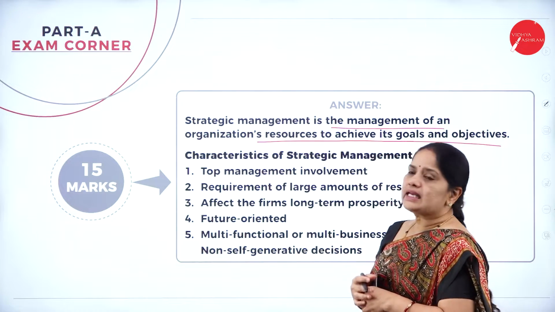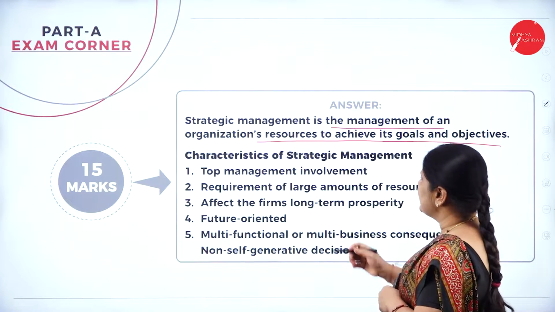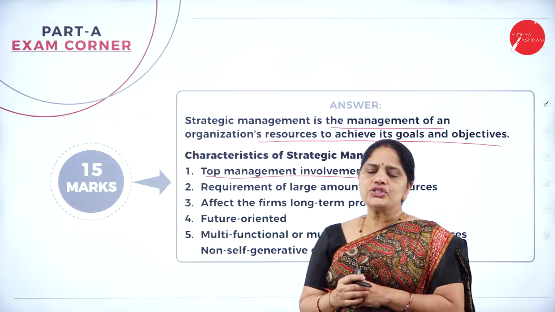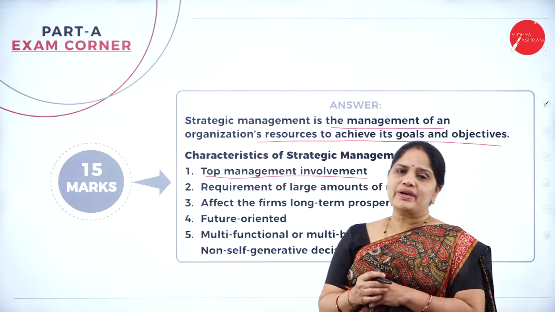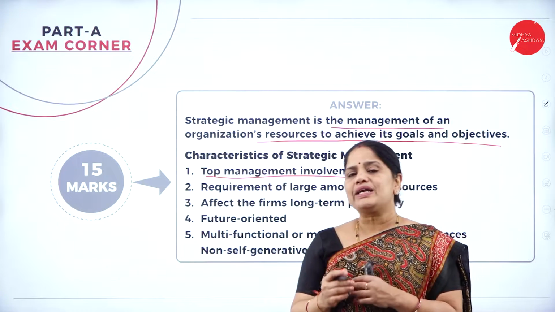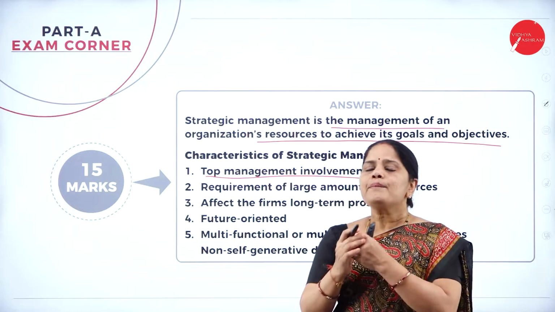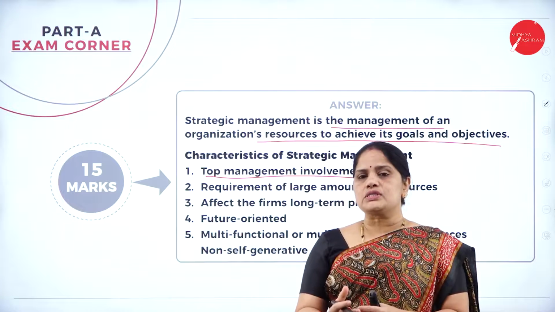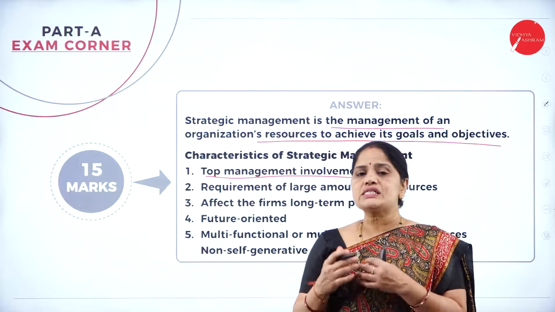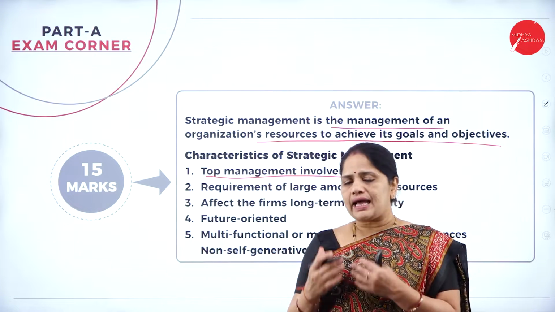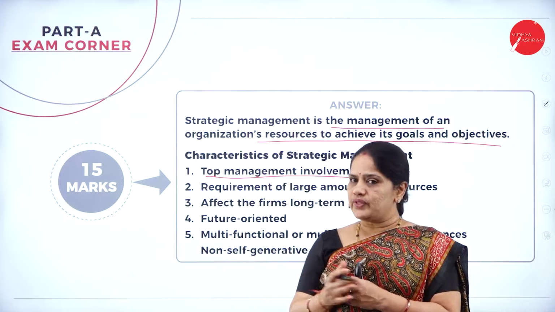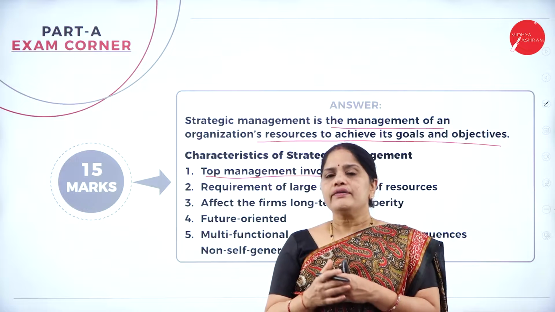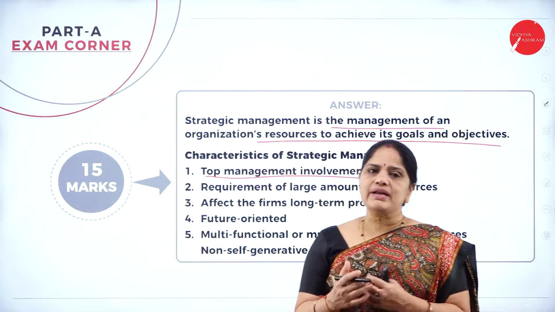Now, let us see the characteristics of strategic management. First one is top management involvement. We should understand that strategic management is done only with the involvement of the top management. Why? Because top management is always involved in the decision making process. Whatever decisions they take will be carried down to all other levels of the organization, and as such, for the strategic management decision, we need to have the top management involvement.